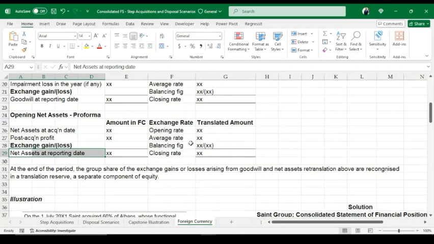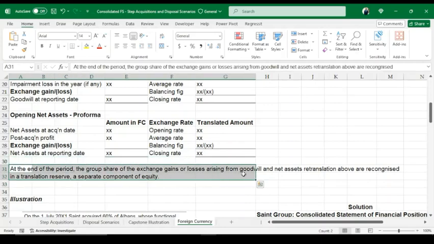Now, we are saying that at the end of the period, the group share of the exchange gains or losses arising from goodwill and net asset retranslation above are recognized in a translation reserve. So this is the statement of financial position treatment.